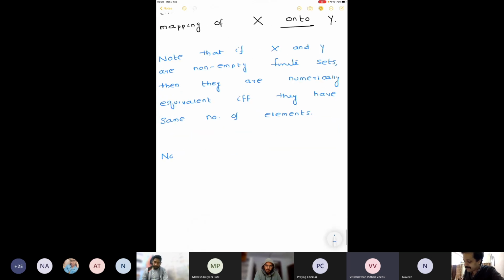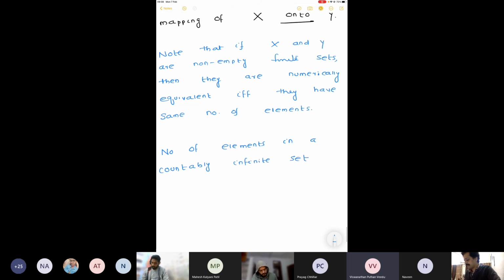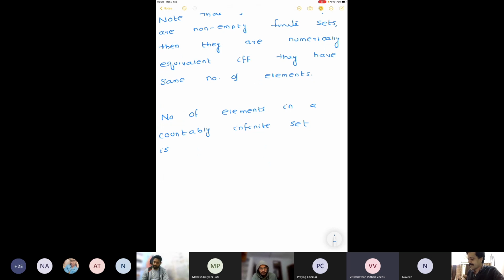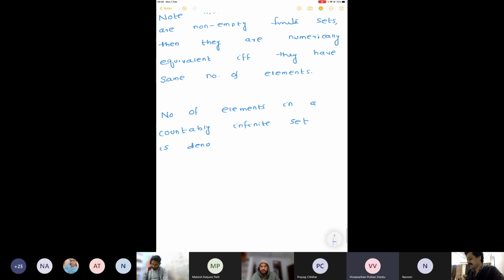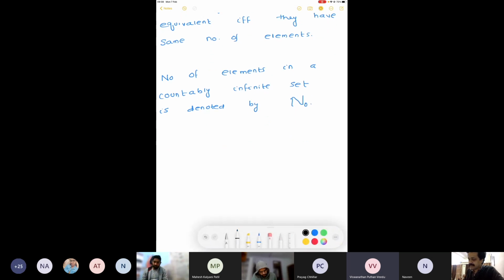A countably infinite set will be numerically equivalent to N. Every sequence will be numerically equivalent to N. The number of elements in a countably infinite set is denoted by, do you remember? Yes, sir. The Aleph notation, Aleph naught.